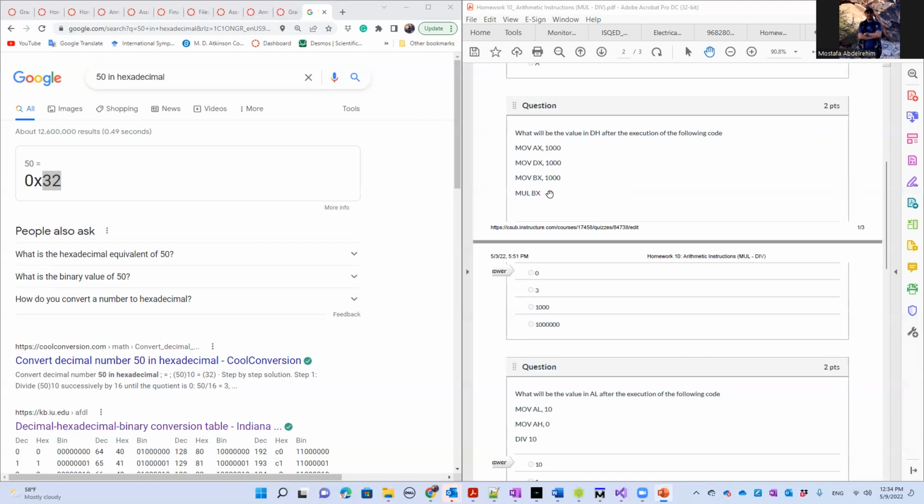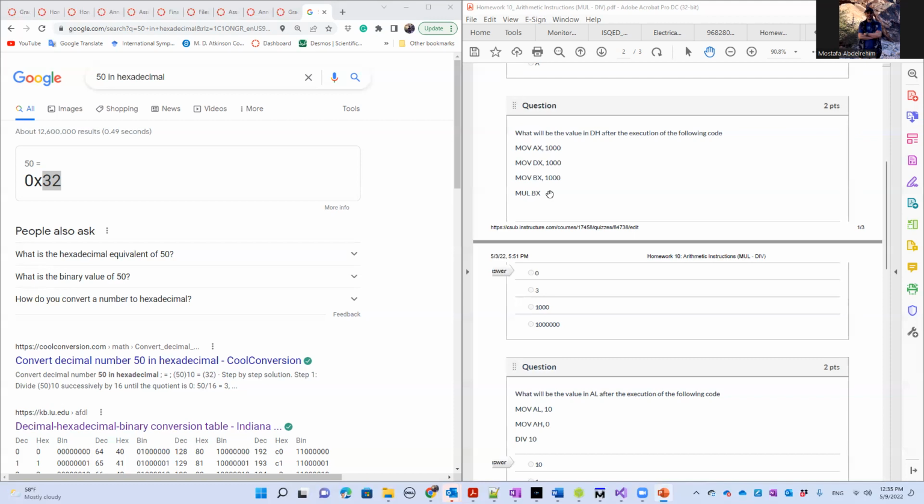The result will be stored in AX and DX combined. It's just one number, but since it might be more than 16 bits, more than a word, it might be stored in 2 concatenated registers. So the result will be in DX:AX, where AX will hold the lower word and DX will hold the higher word.